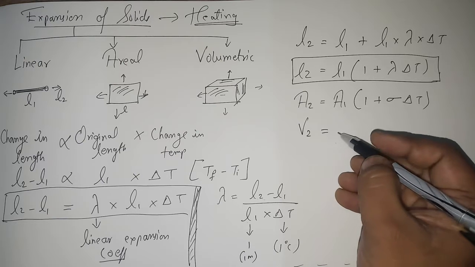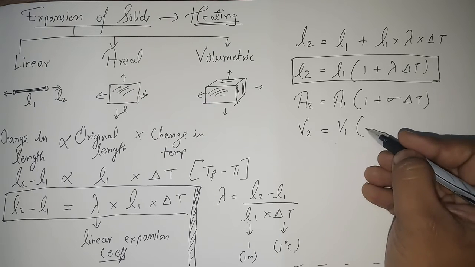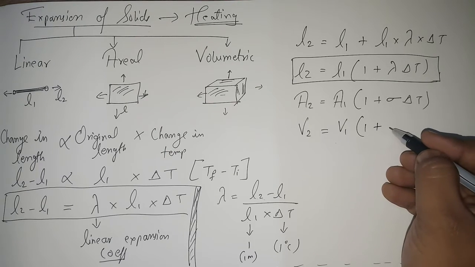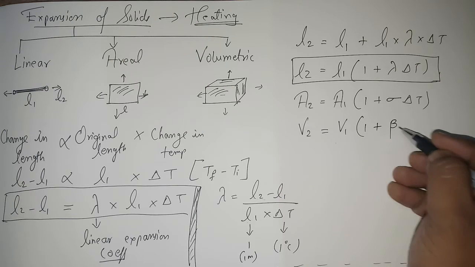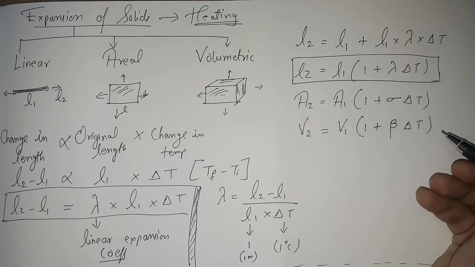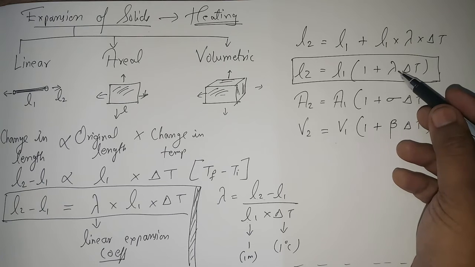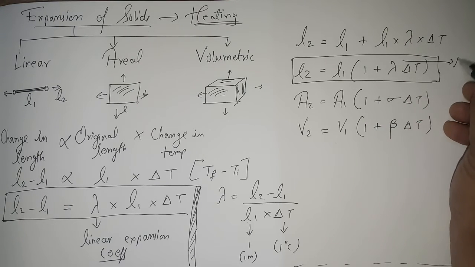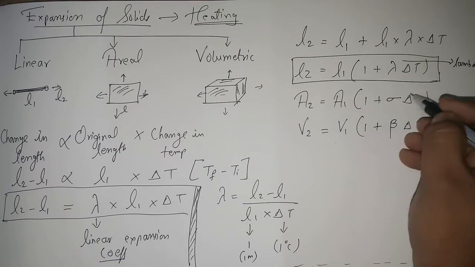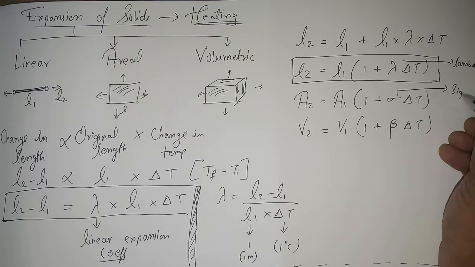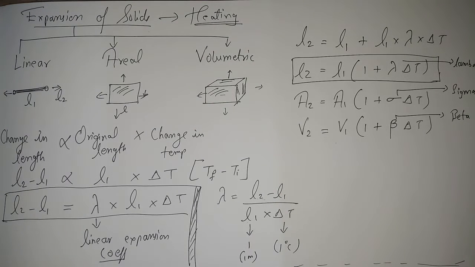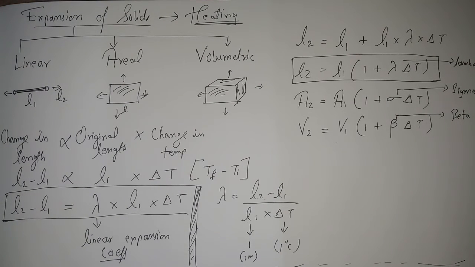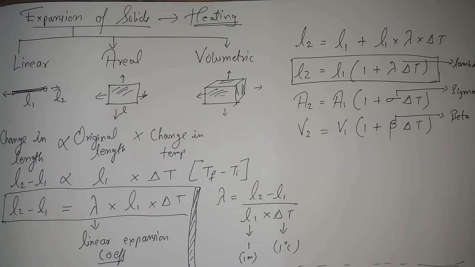Let V2 be the new volume and V1 the old volume: V2 equals V1 into 1 plus beta delta T, where beta is the volumetric expansion coefficient. This is lambda, this is sigma, and this is beta. Easy.